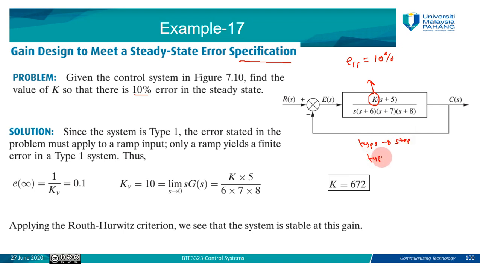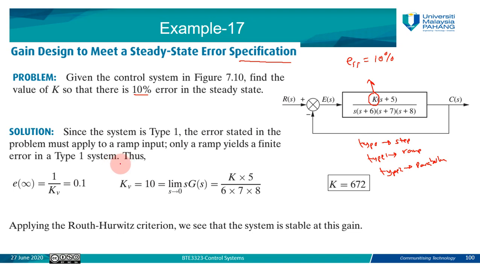Type 1, we go for ramp function. Type 2, we go for parabola function. Okay, so since our system is type 1, we are going for the ramp function, which is equal to 1 over s squared.